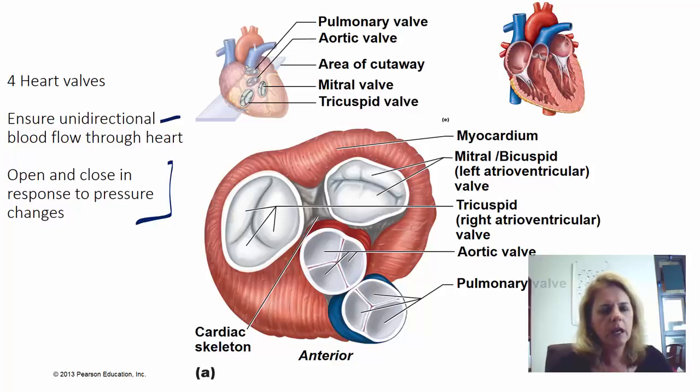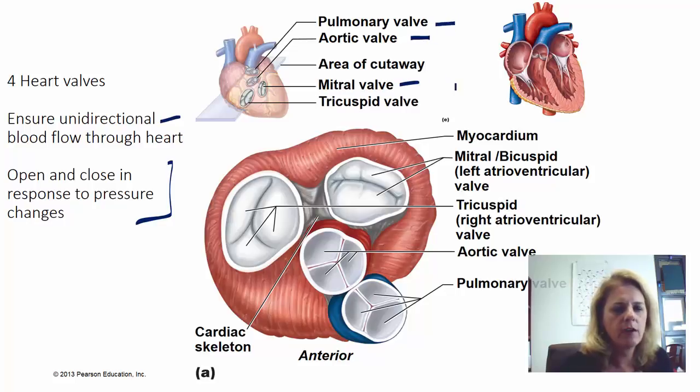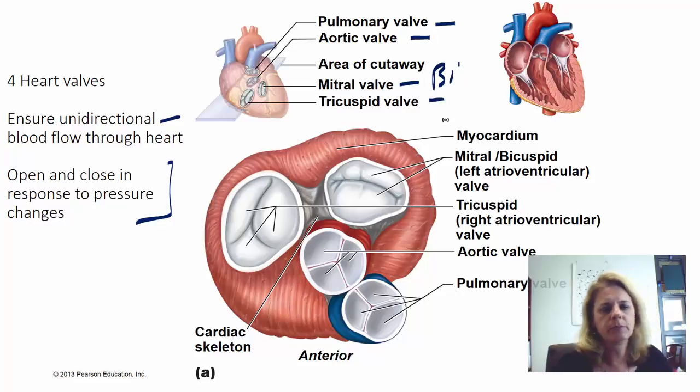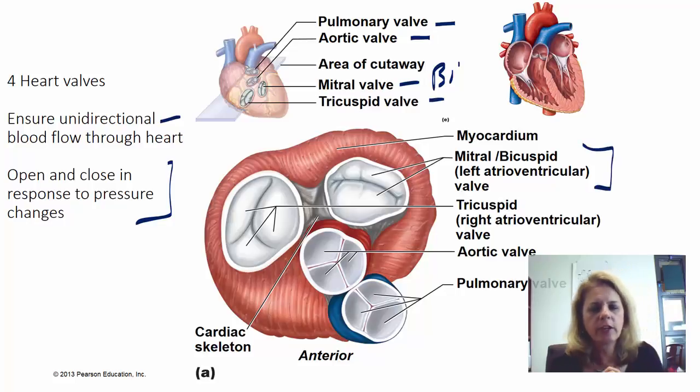The four valves are your pulmonary valve, your aortic valve, your mitral valve, which is also called your bicuspid, and your tricuspid valve. When you're looking at that, the mitral or bicuspid, these are also called atrioventricular valves, okay, and the tricuspid, these are atrioventricular valves.